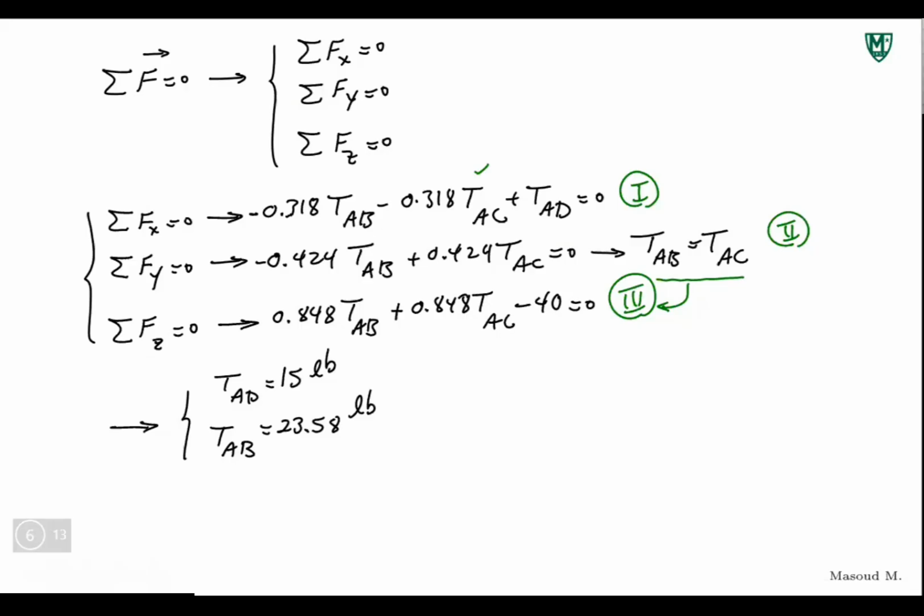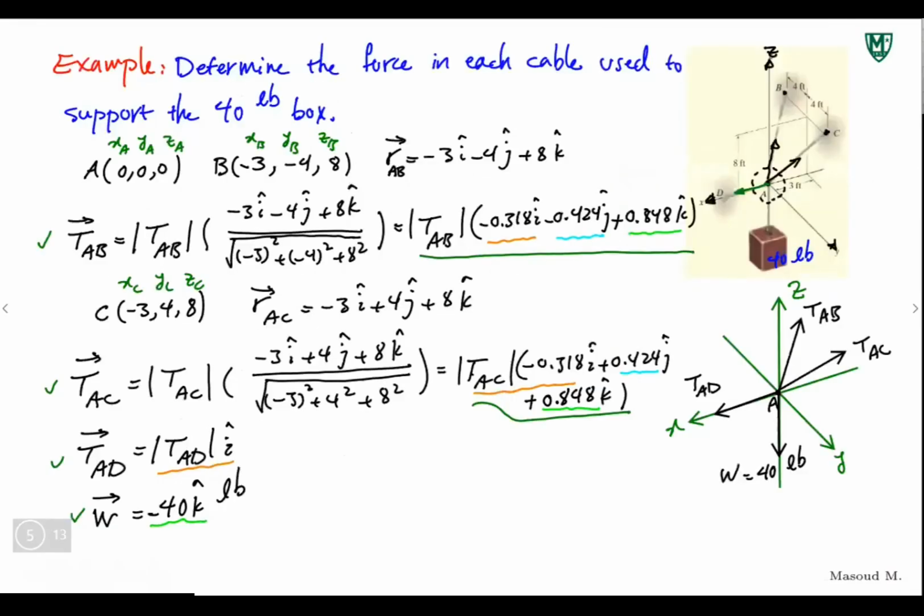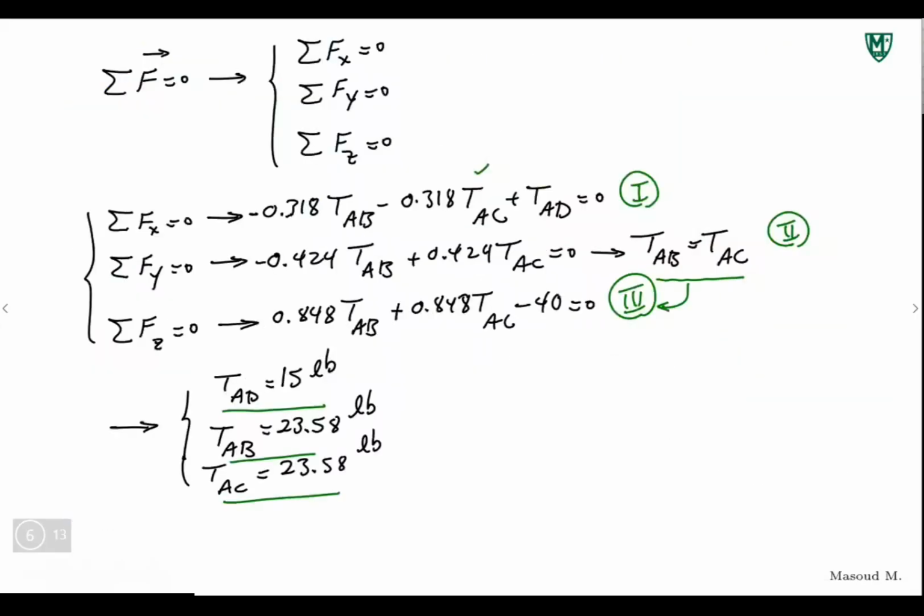You don't really need to do that. And since TAB and TAC are equal, so obviously TAC also becomes 23.58 pounds. So there you go, that's what we were looking for. The value of force, I'm going to come back. Determine the force in each cable used to support the 40 pounds box. We found the force in each cable.